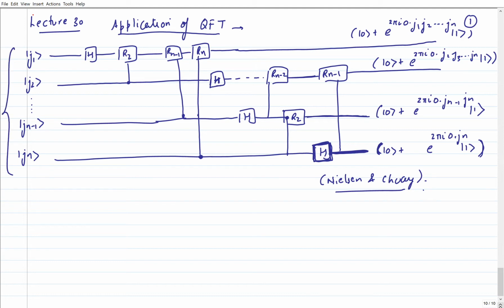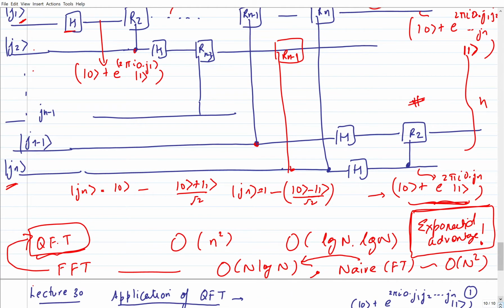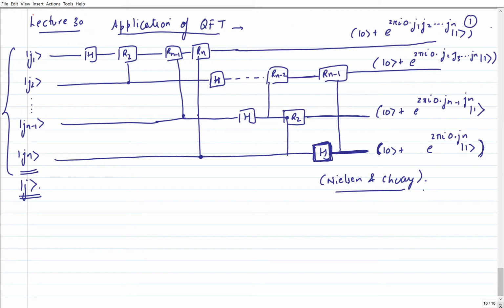I have an input of qubits, or the quantum state J in its binary representation, and I get the desired output which was required.